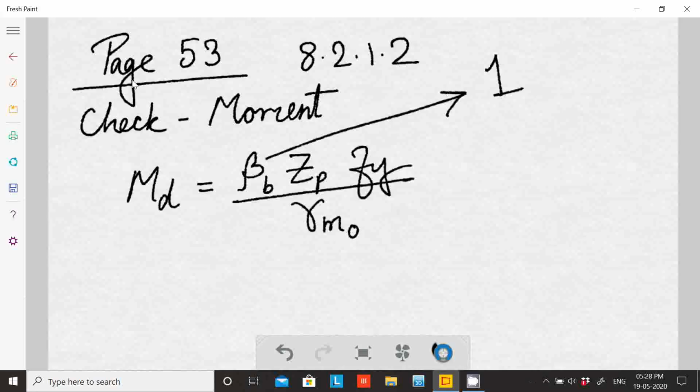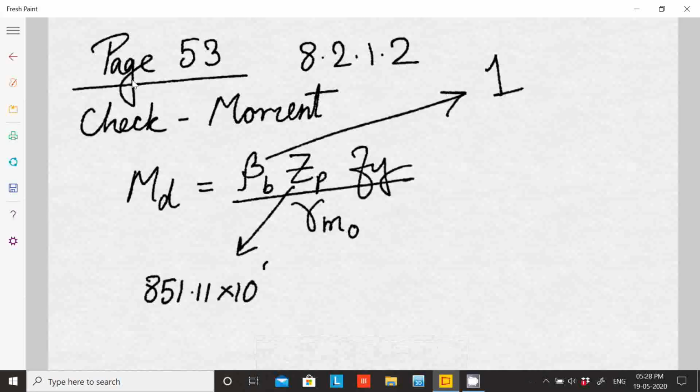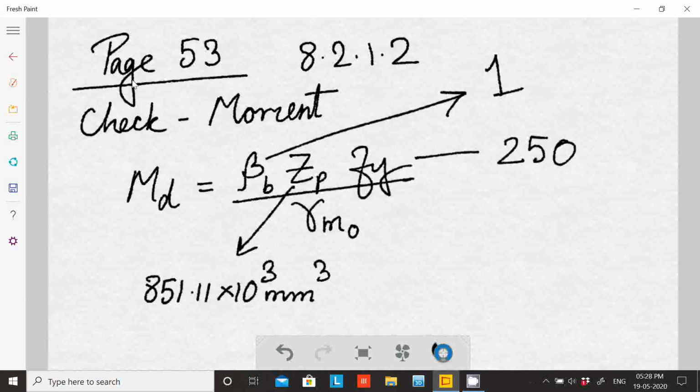Now Zp is what? It's the section modulus of the section that we have considered, which is 851.11 into 10 cube. Then fy is 250, and gamma m naught is 1.1.